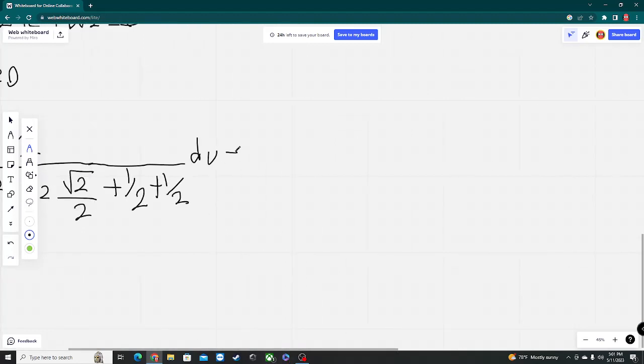Now we're going to change this integral into one-half. Still keep our u plus 1 square root 2.